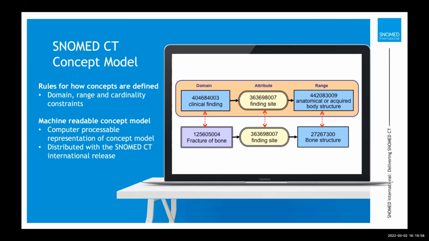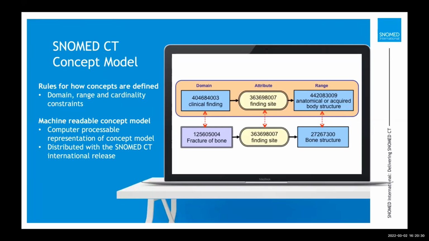To ensure that these relationships are defined consistently, so they can be queried consistently, SNOMED has a concept model. The concept model specifies the rules for how SNOMED content can be defined, including the domain, range, and cardinality of each attribute. For example, the domain of the finding site attribute is all the clinical findings, and the range is the set of anatomical or acquired body structures.